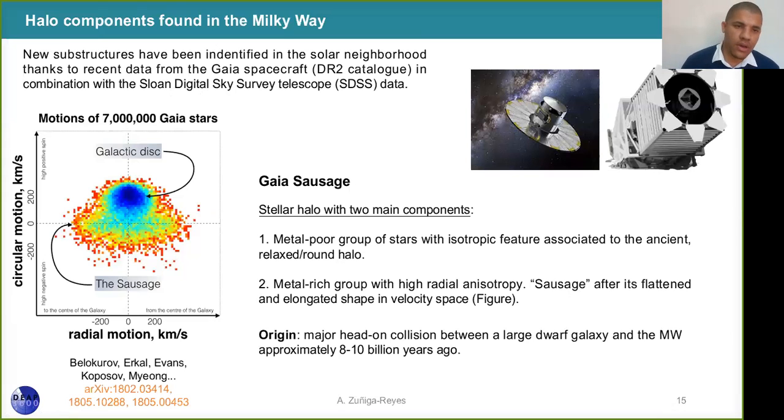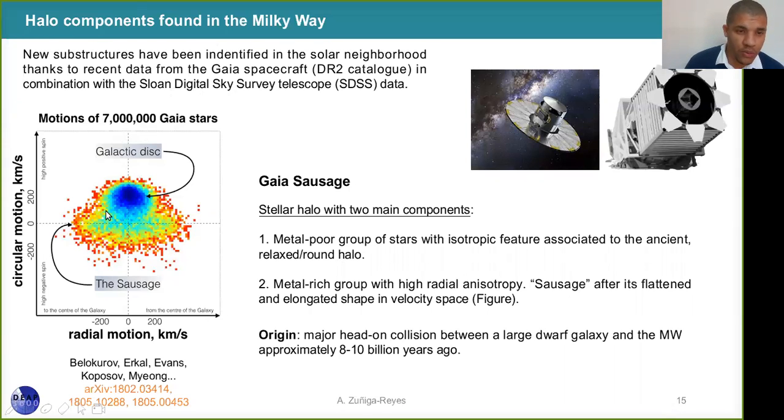If you look at this plot, which shows the motion of 7 million Gaia stars, the y-axis is the circular motion of the stars versus the radial motion. We can see that there are two components.